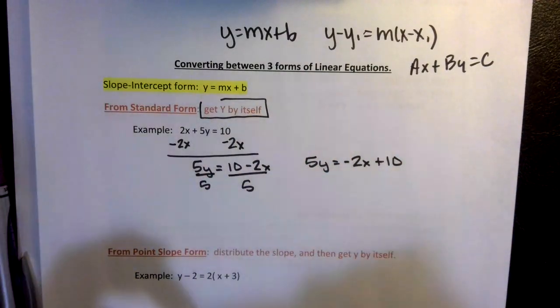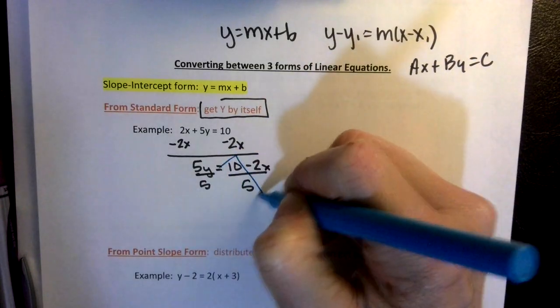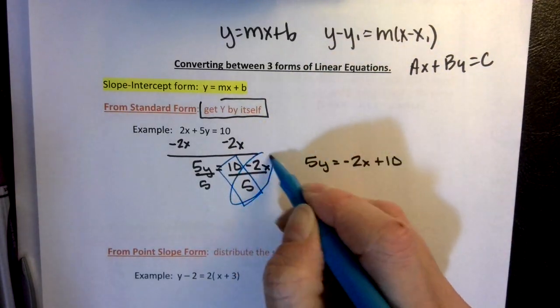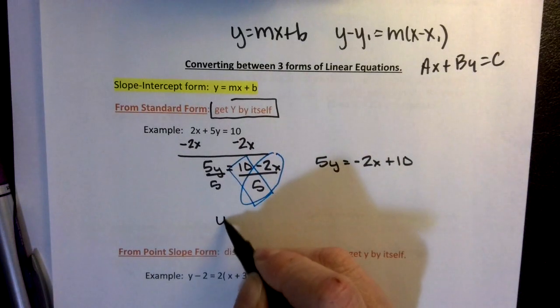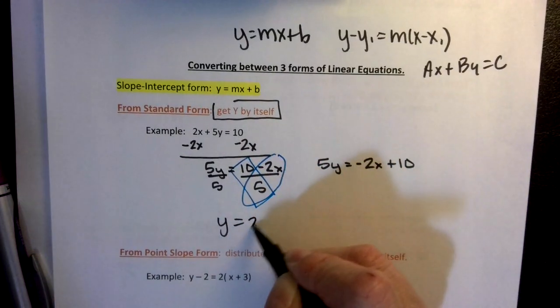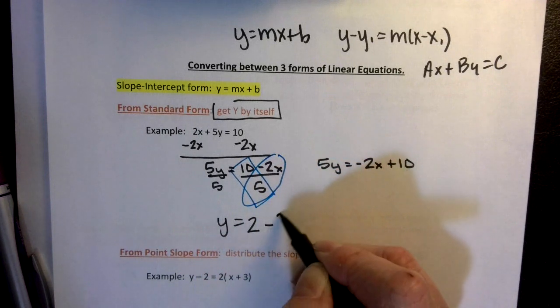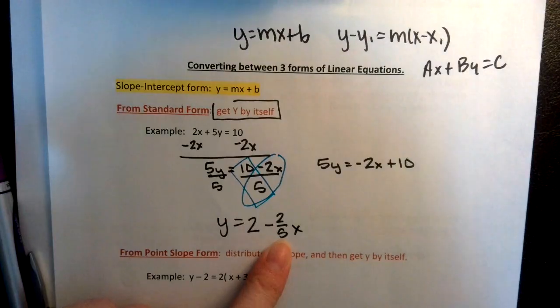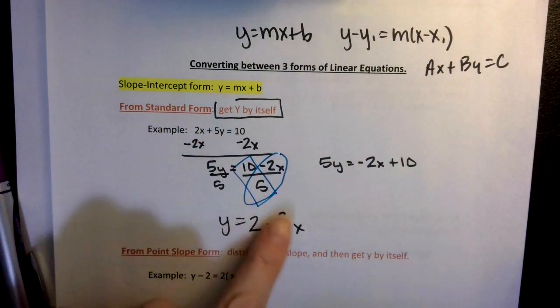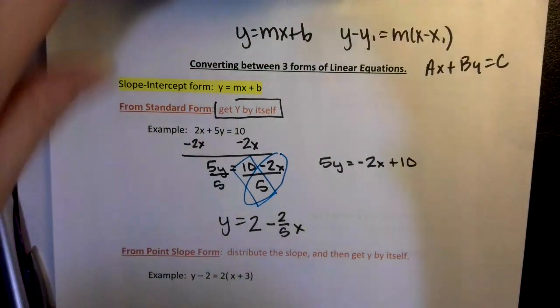When I do that division, I got to remember that it's the 10 being divided and the minus 2 being divided. So I get y equals 10 divided by 5 is 2, and then minus 2/5 x. You can write that as a decimal, but I don't see the point in doing that really. I just leave it as a fraction.